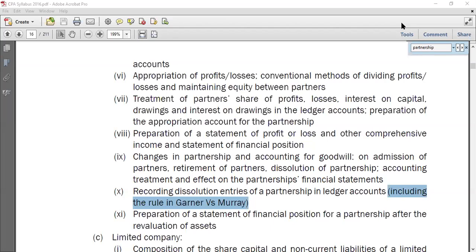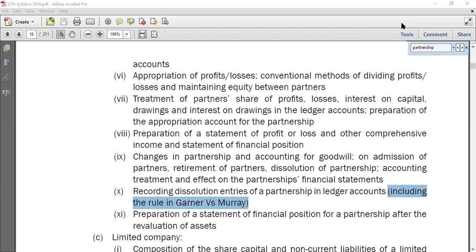What this rule says, so you know that Garner versus Murray says that in the event of insolvency of any partner, any losses should be shared in the ratio of the last agreed capital balances before the dissolution took place.